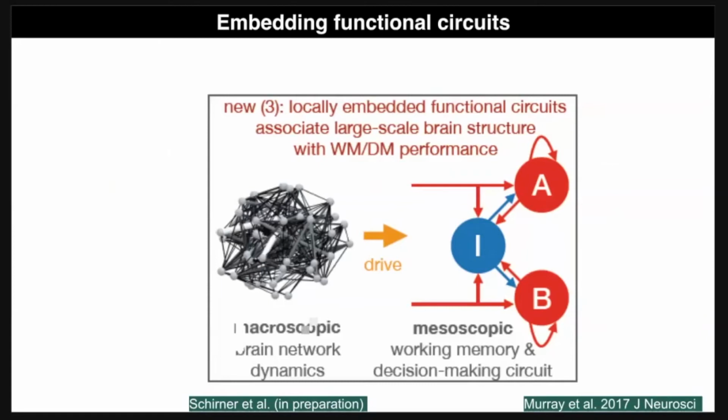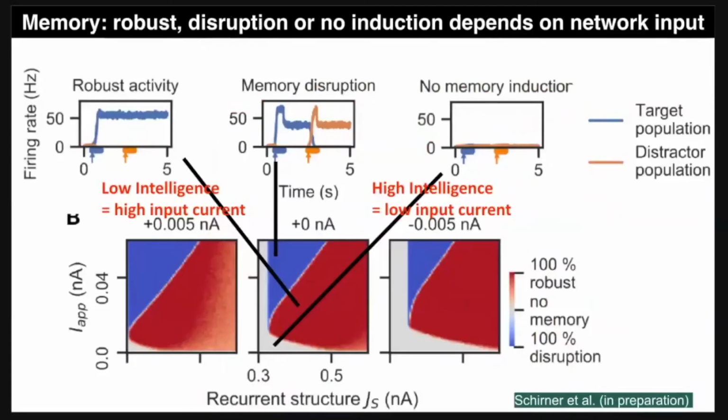So now we focus on the working memory performance. We see that a stimulus in the upper panel, the little blue arrow, can elicit a persisting attractor state in one of the two excitatory populations. If the stimulus is too low, as you see in the right panel, then no persistent attractor state is formed. So the persistent attractor state mimics the memory.